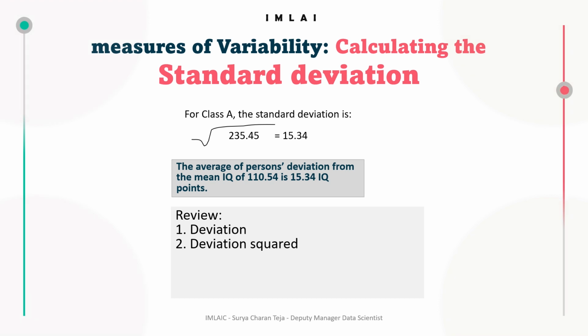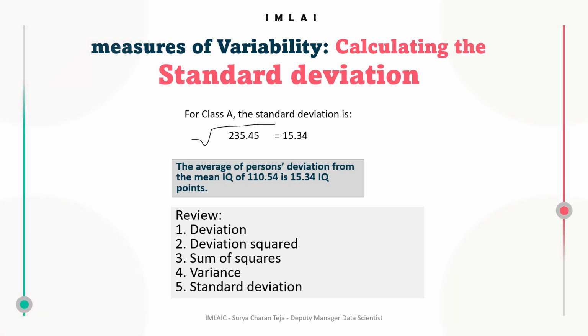Once you have squared the deviation, it's time to sum up all the squares, S as sum of squares. Then you calculate the variance using the formula sum of squares divided by n minus 1 if it is a sample, or capital N if it is a population. Then finally, here is your standard deviation. Standard deviation is nothing but the square root of variance. That's it.